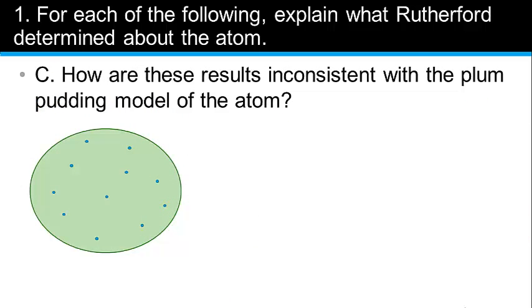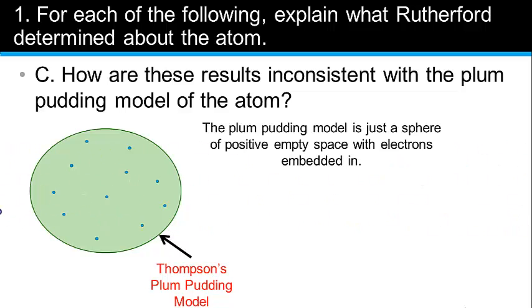So how is this inconsistent with plum pudding? Rutherford was a student of Thomson, and he believed that the atom was the plum pudding model at the time that he did this experiment. Thomson's plum pudding model just consists of a region of positive space with electrons embedded in.